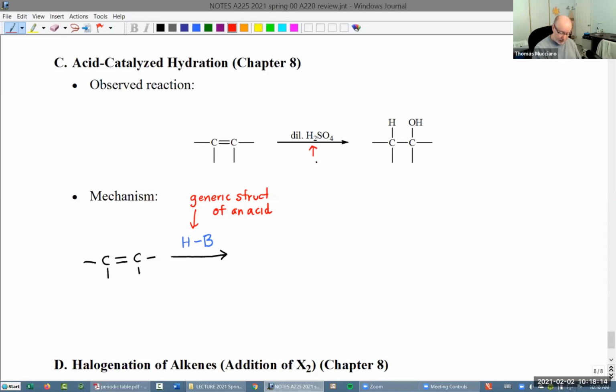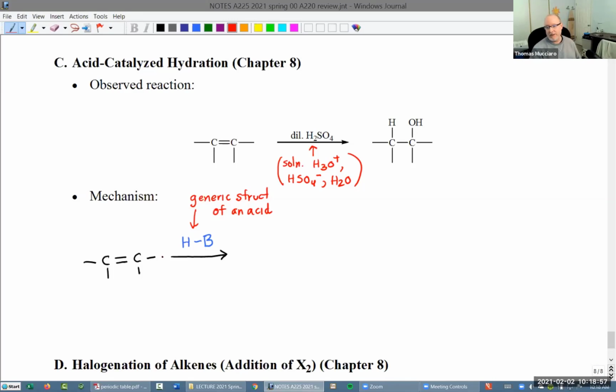It turns out dilute H2SO4 is a solution. It's got hydronium, HSO4 minus, and water all mixed together, because sulfuric acid reacts with water in an acid-base reaction. And that's a favored process, so most of the sulfuric acid is destroyed. It's converted to hydrogen sulfate and hydronium. So technically, our acid here is most likely going to be hydronium.